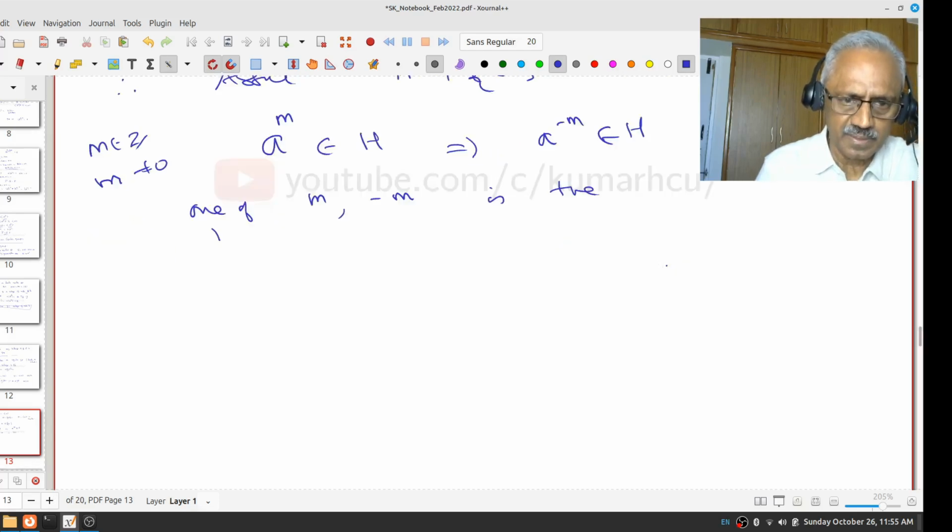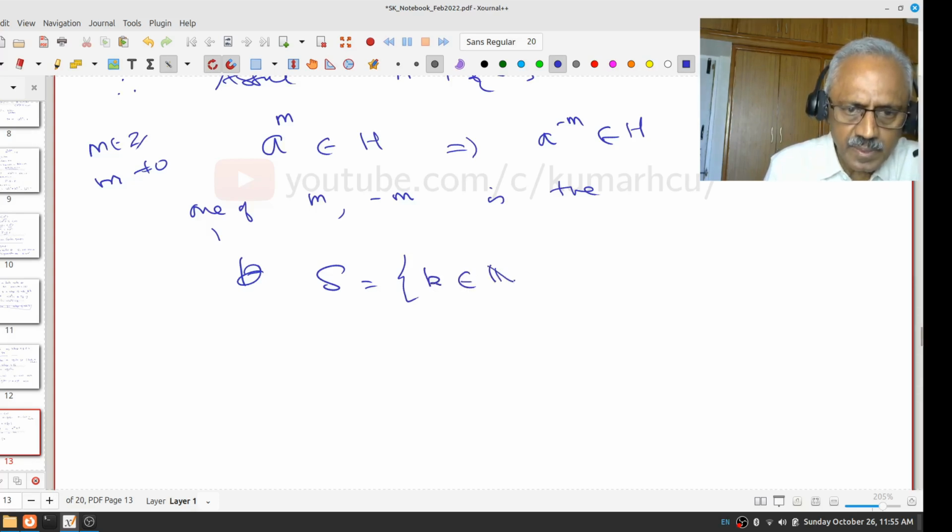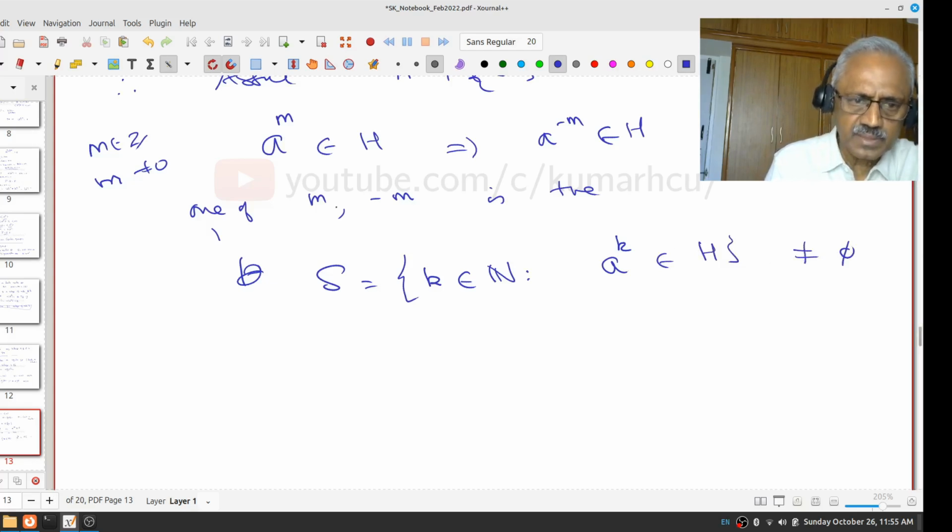You understand? Therefore if I denote by the set S, the set of k in N so that a to the power k belongs to the subgroup H, this is not empty, because either m or minus m is an element of this.